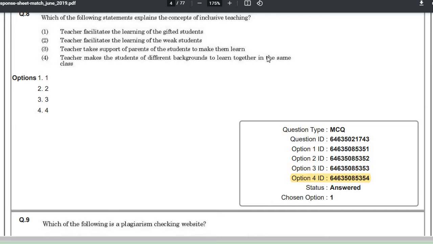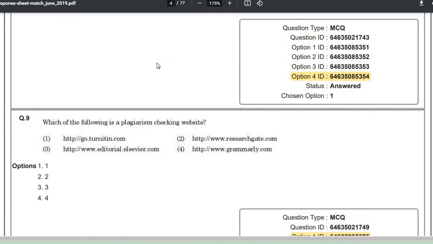Which one is relevant to that? Teacher makes the students of different backgrounds to learn together in the same class is nothing but the concept of inclusive teaching. So this one is the correct answer. For question number 8, option 4 is the correct answer.